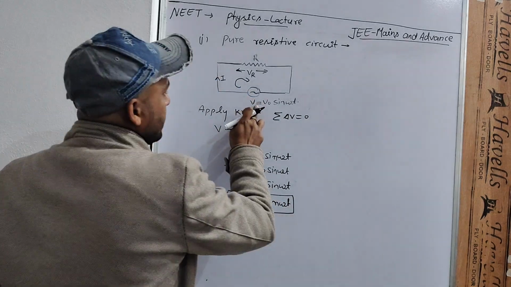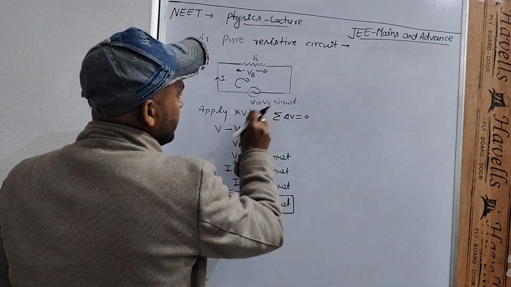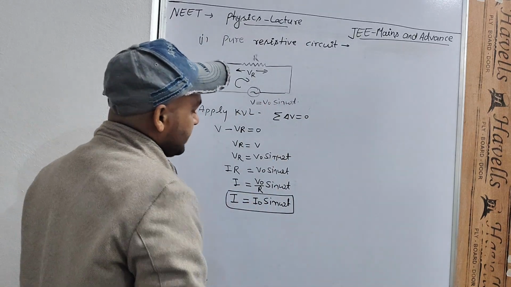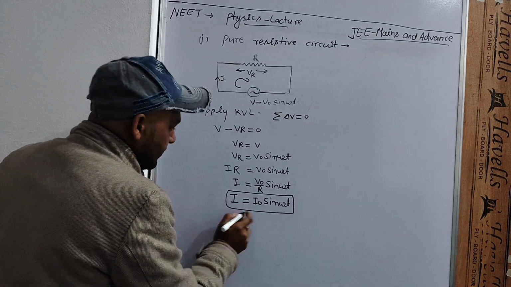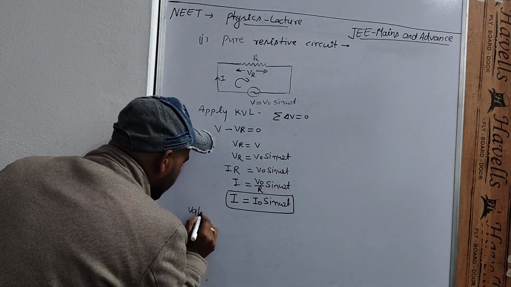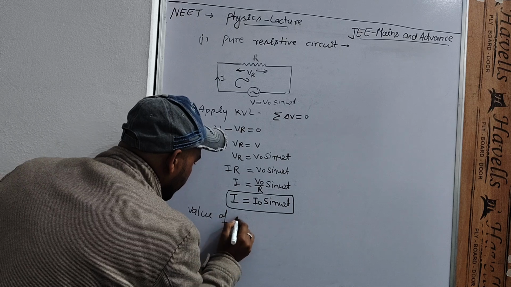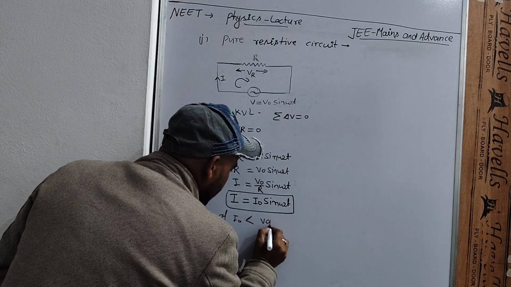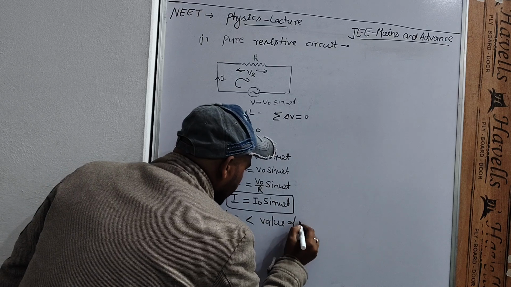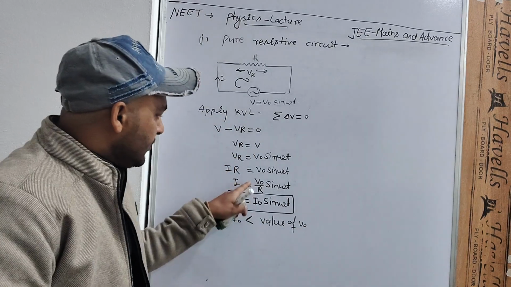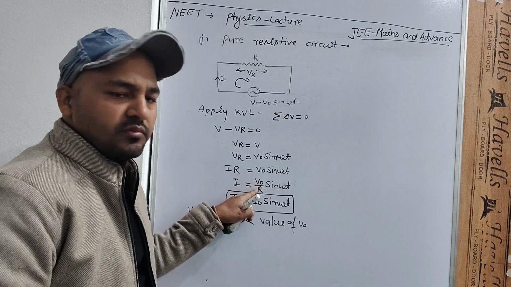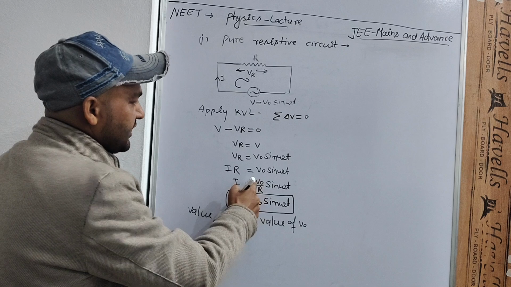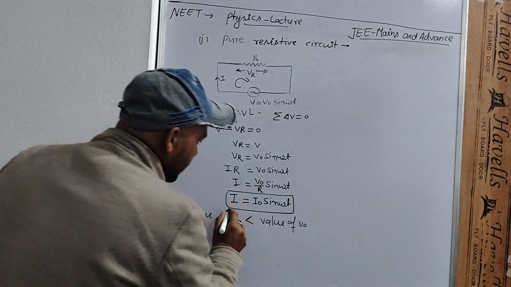We have a voltage equation which is input V naught sine omega t and the current equation I naught sine omega t. So the value of I naught is less than the value of V naught, because V naught is divided by some resistance, so I naught will decrease in comparison to V naught.